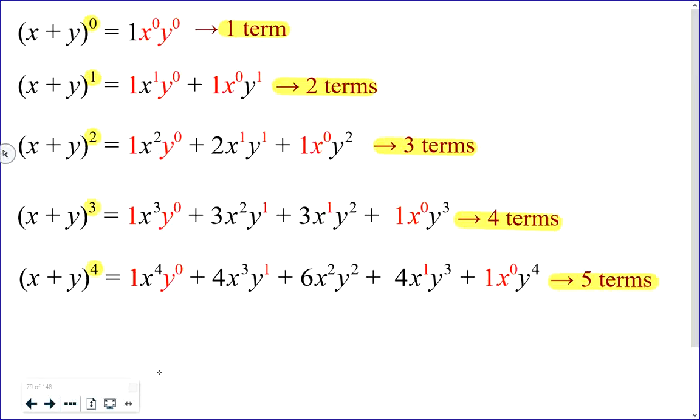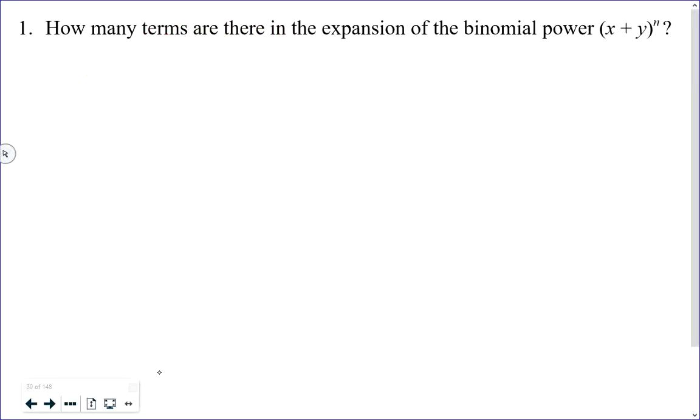And the point is that if n is 1, you get 2 terms. If n is 4, you get 5 terms. The answer to this question is the number of terms will always be n plus 1.